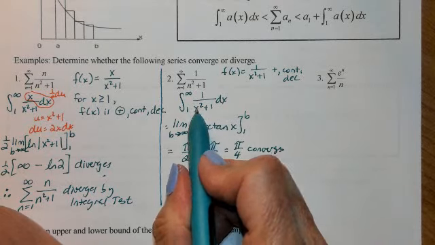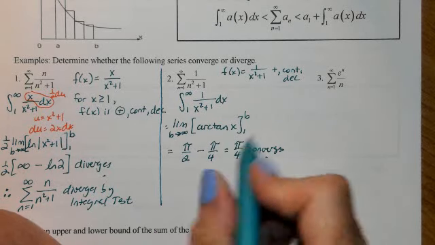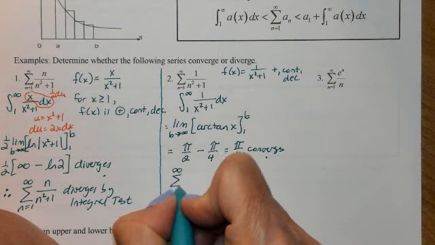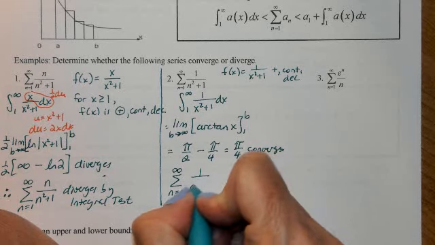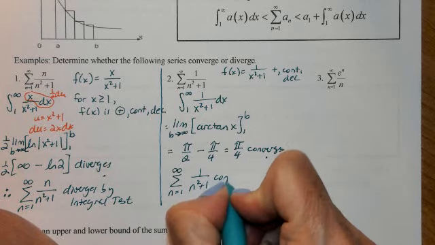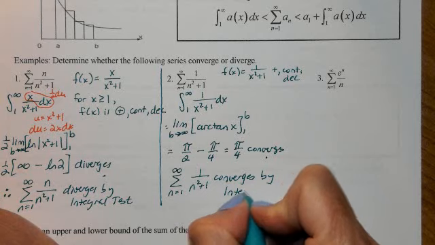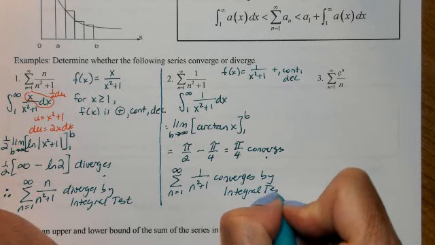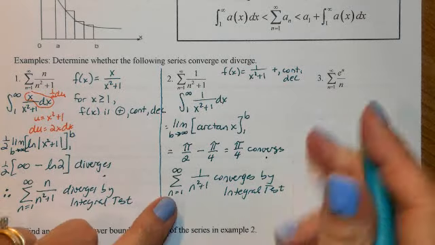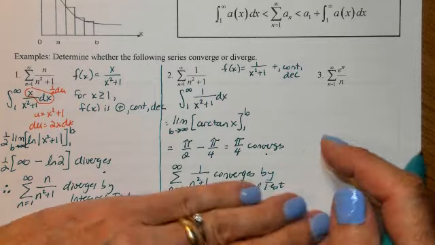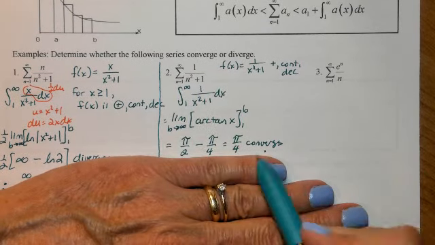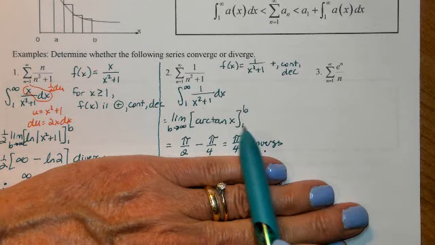Since the integral converges, the series converges by integral test. You guys, if you stop here and say converges and don't put that, you've only told me that the integral converges.